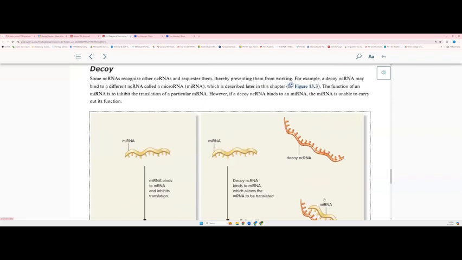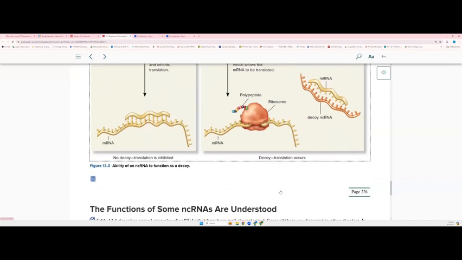So we can say this type of decoy non-coding RNA can prevent the microRNA from carrying out its function by the two binding together.